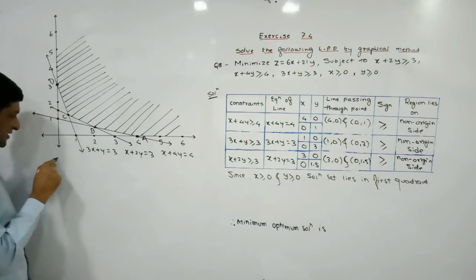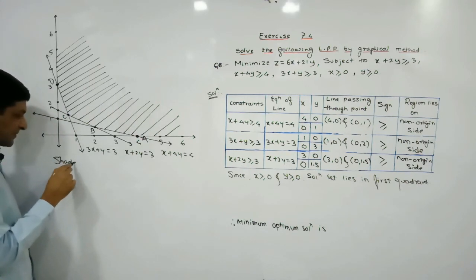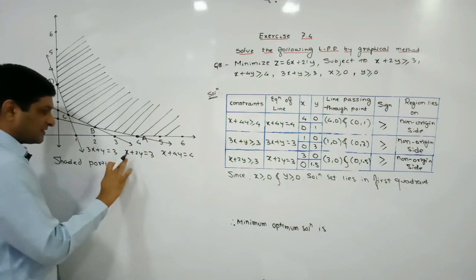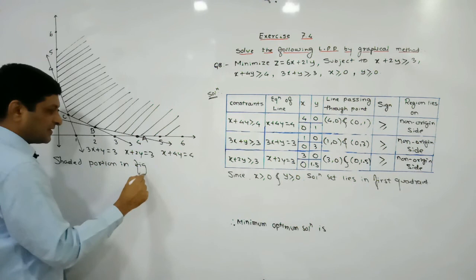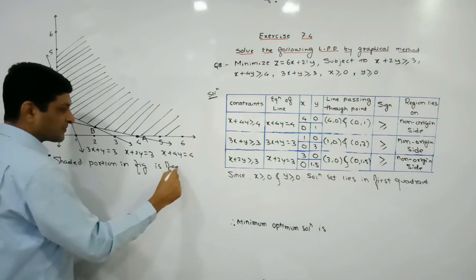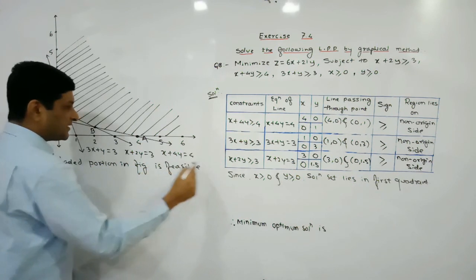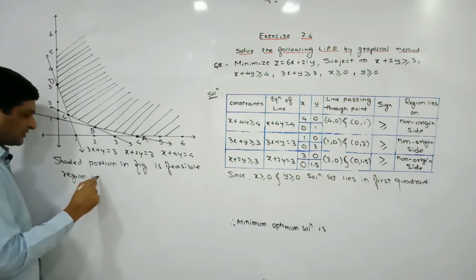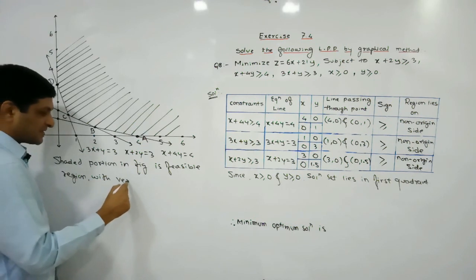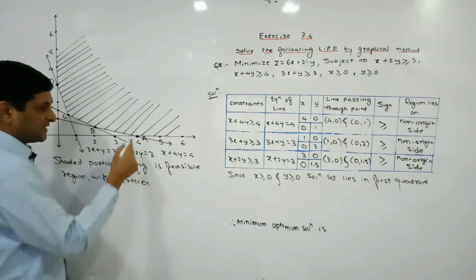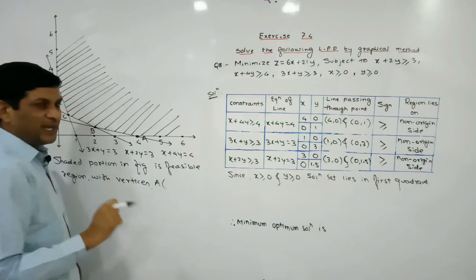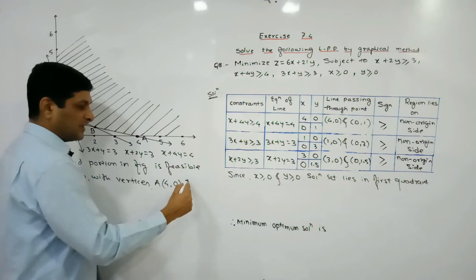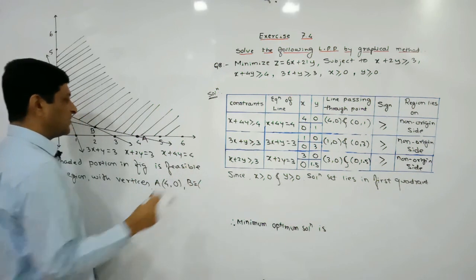So the shaded portion in the figure is the feasible solution or feasible region with vertices. The first vertex we have denoted by A, and easily we can observe that its coordinates are (4, 0). Then find the coordinates of the second vertex B.